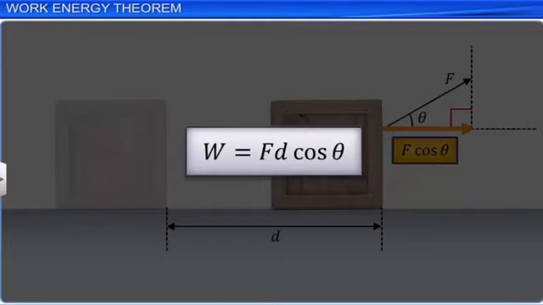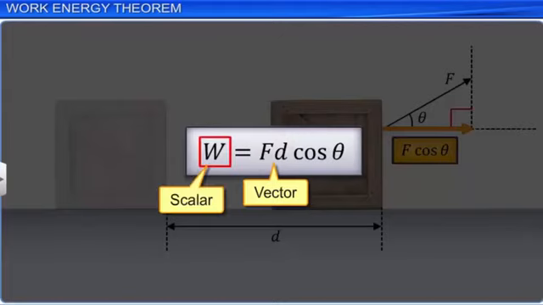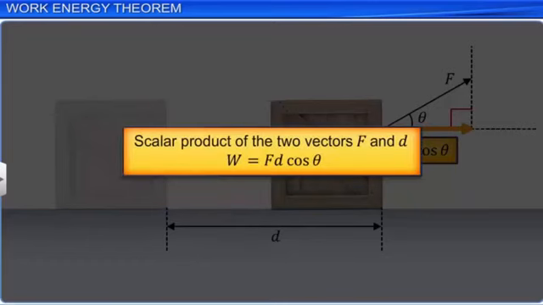In this expression for the work done, both F and d are vectors, whereas the product, work done, is a scalar. Thus, this quantity Fd cos theta is called the scalar product of the two vectors F and d.